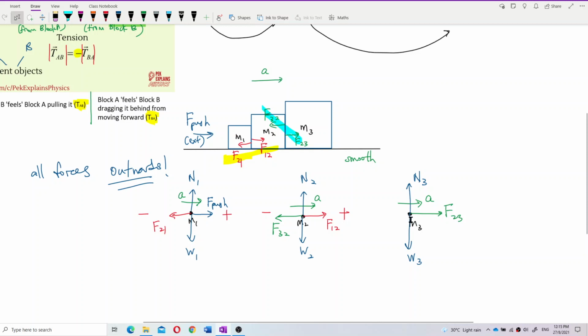For mass 3, force to the right is positive because it follows the acceleration. There's no force to the left. So that's how we build the equation.